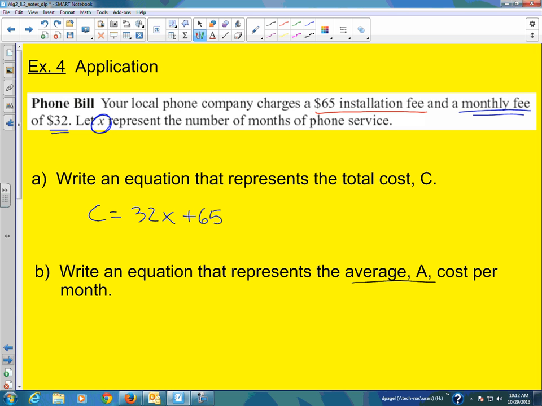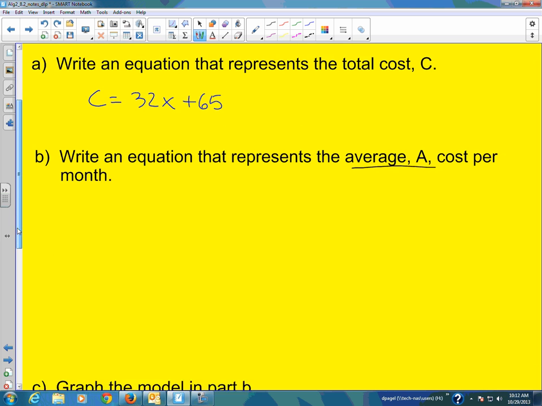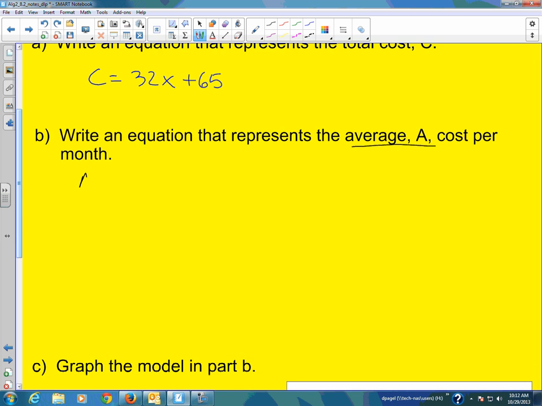Well, maybe we first talk about what an average is. Remember that an average is equal to the sum of all of your data, whatever that might be referring to, over the number of items that you're adding together.